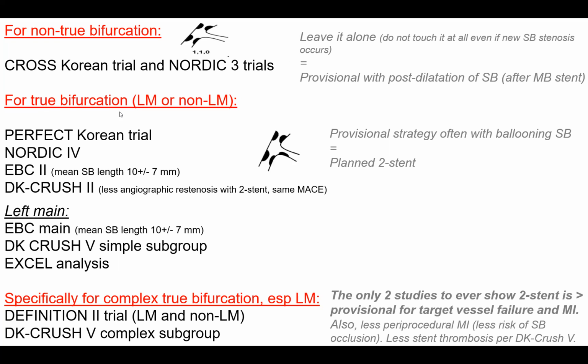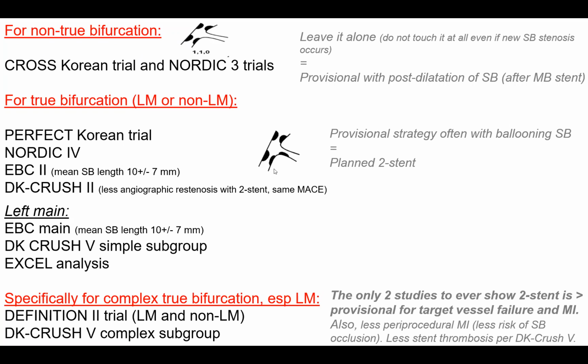For true bifurcation, like this one, those studies, including 4 in non-left main and 2 major ones in left main and the Excel analysis in left main, have shown that provisional strategy, often with ballooning of that side branch, pre or especially post ballooning of that side branch, is equivalent to a planned two-stent strategy.